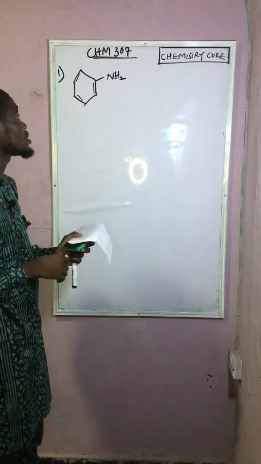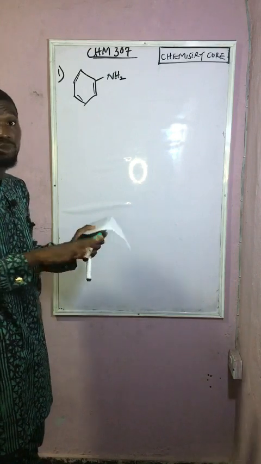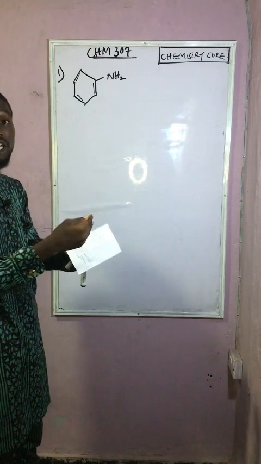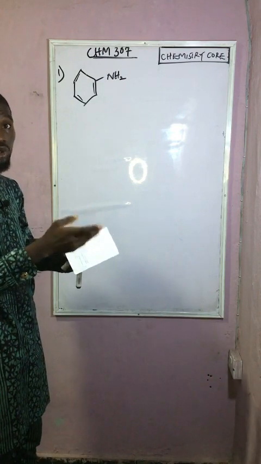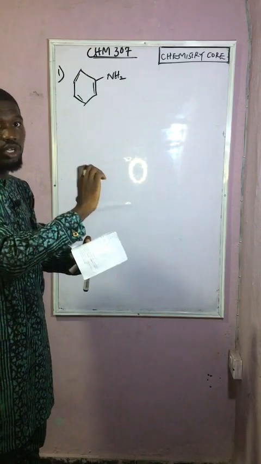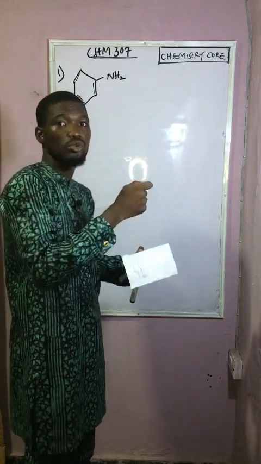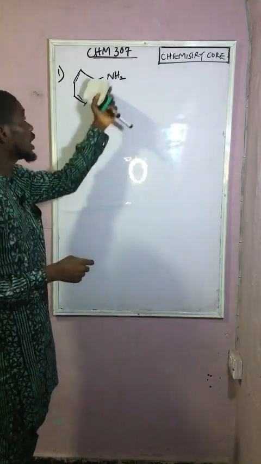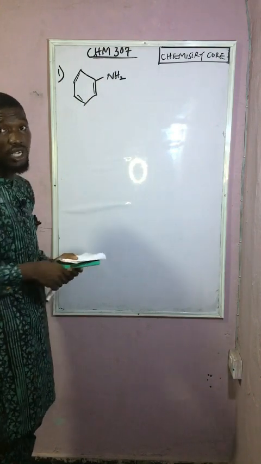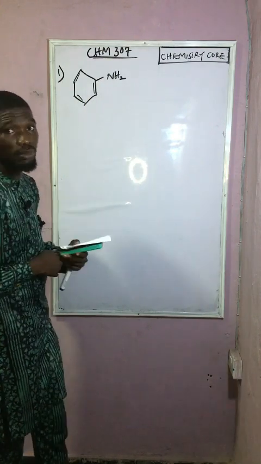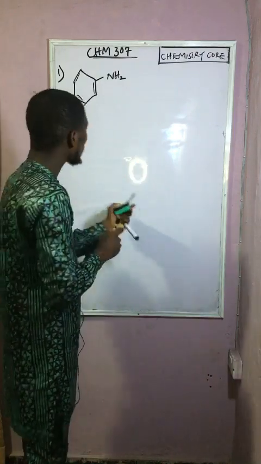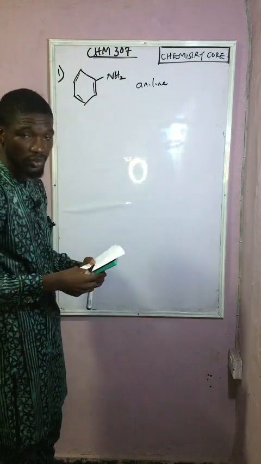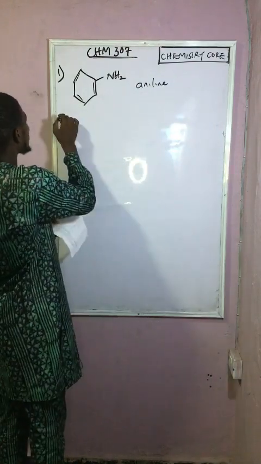And one thing about this 307 is, don't worry, I will be dropping the mechanism of benzene based on Friedel-Crafts acylation, and I will show you the ortho, para, and meta, where you can easily deduce your ortho as well as your para and meta. So now, if you have to name this compound, NH2 is amine, based on the video I dropped earlier. And if amine is combining with a benzene ring, it is called aniline.